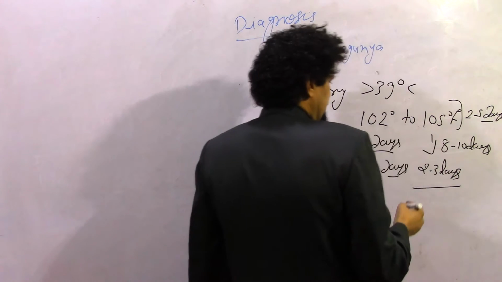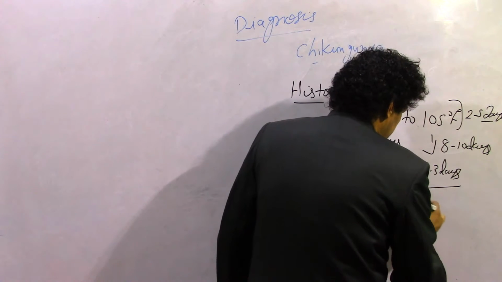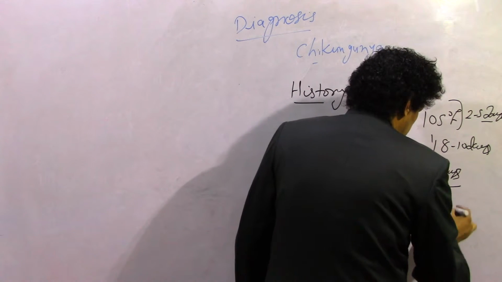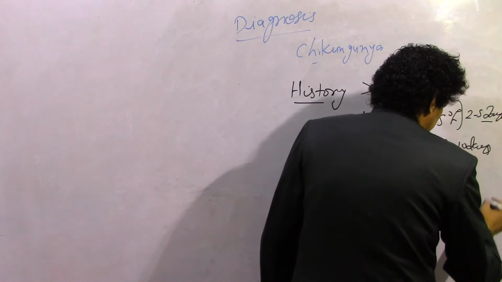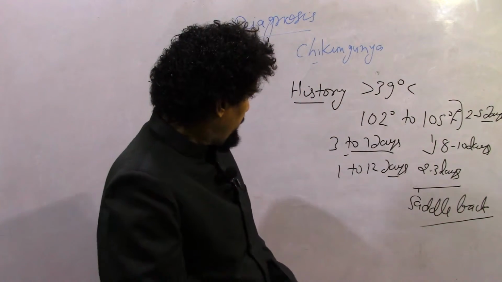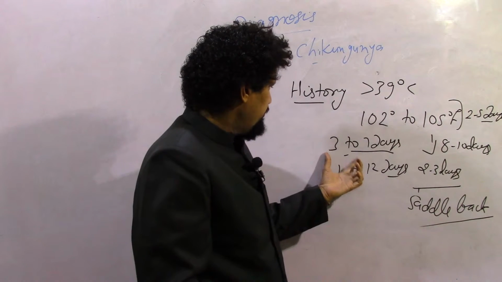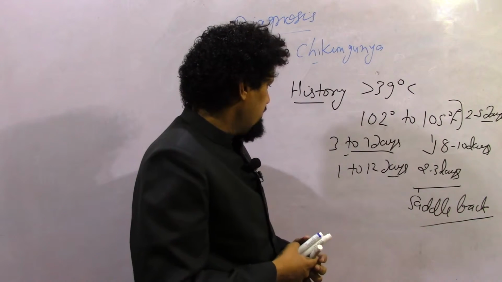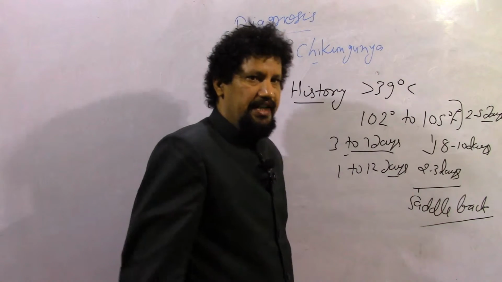This is known as saddle back phenomena, and it is also seen in the dengue fever. So there is 3 to 7 days incubation period. Range may be from 1 to 12 days.